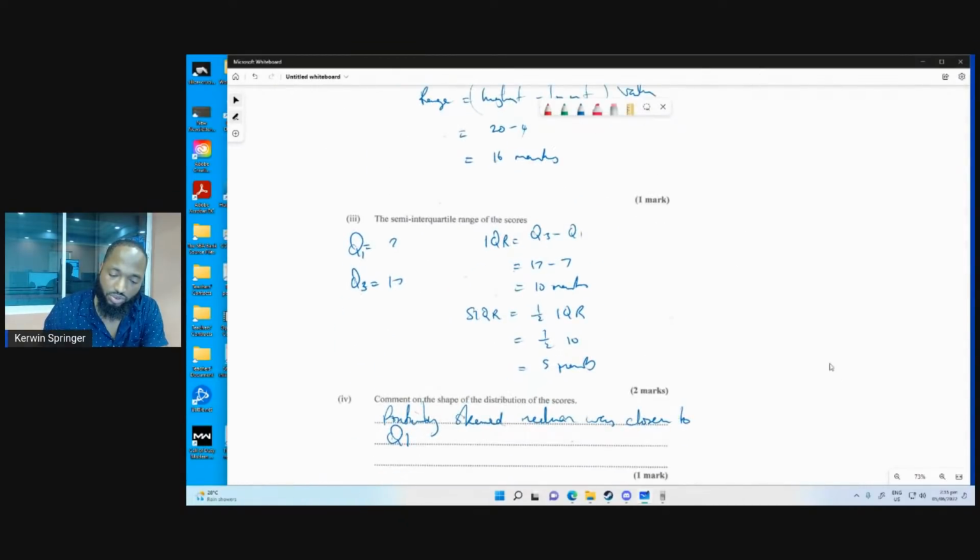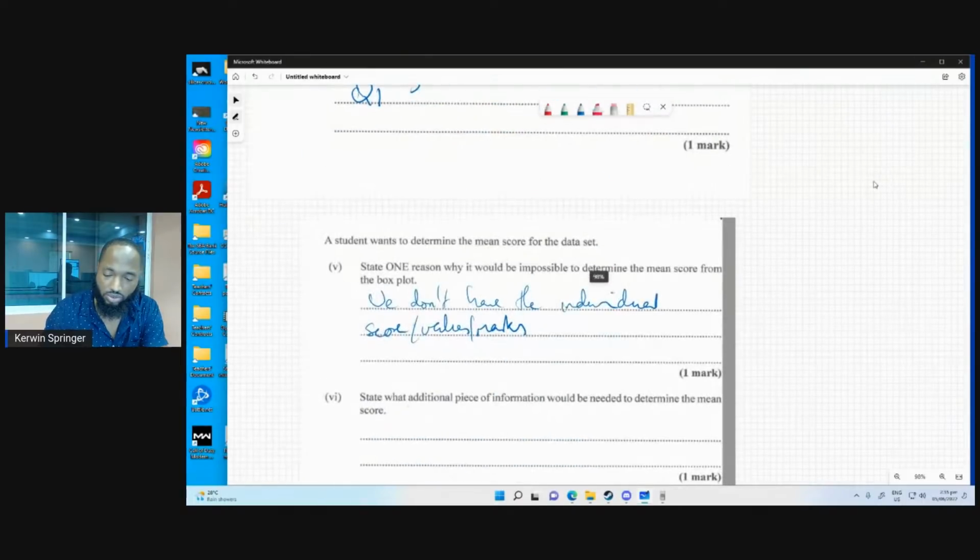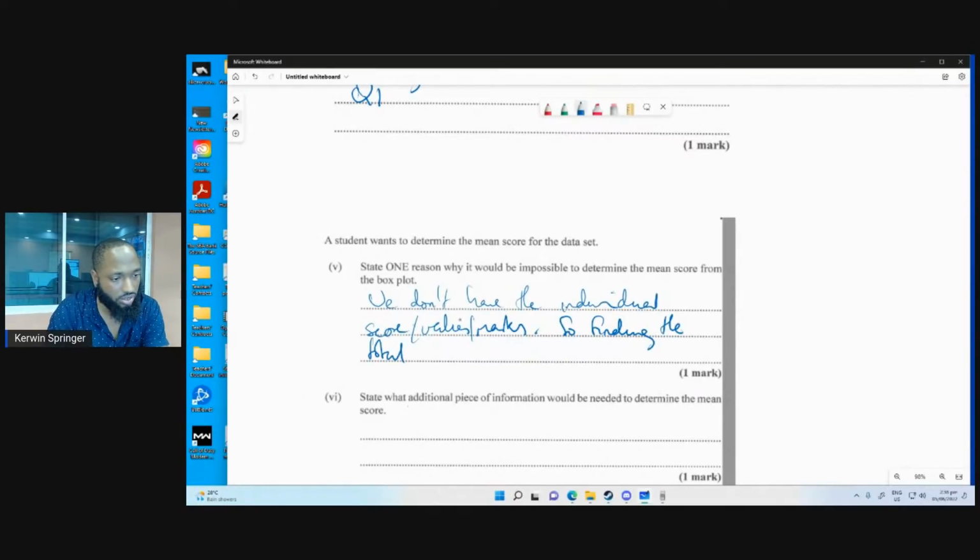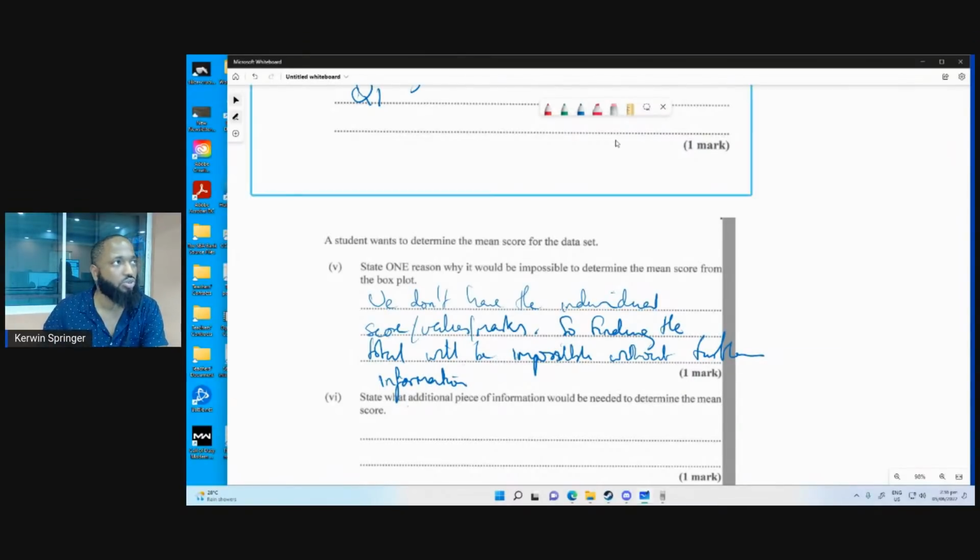But finding the total, without further information, we can't find the total number of marks everybody has. You need that and you divide it by the number of students.